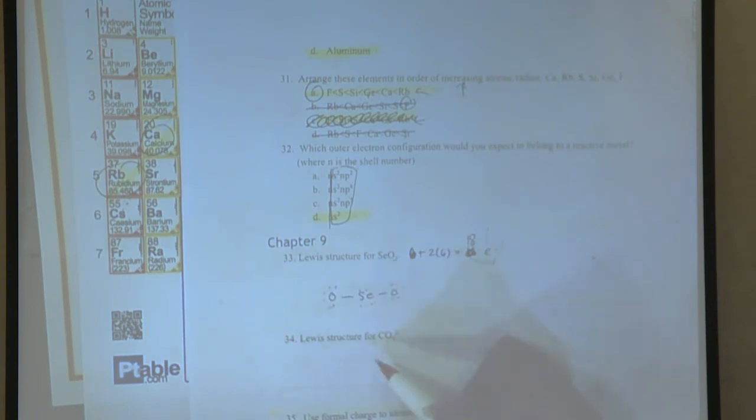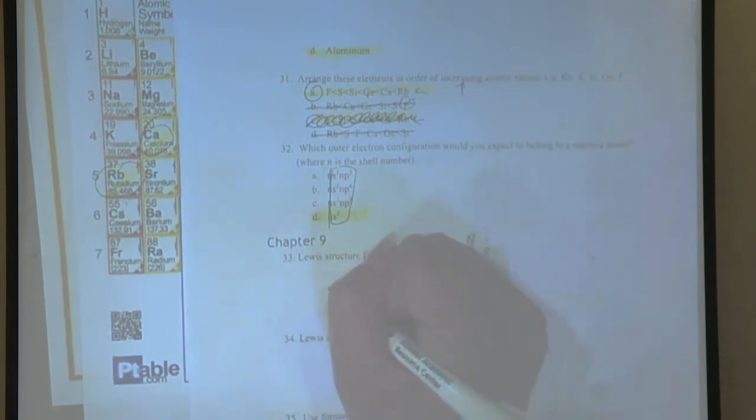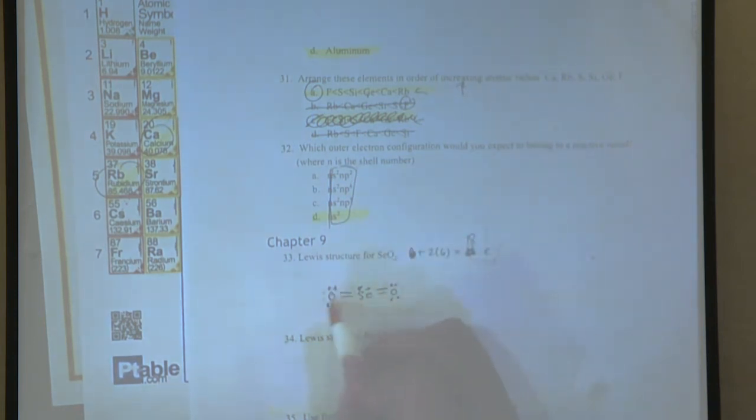So we're going to start with double bonds like this, right? So what this actually winds up looking like is that oxygen has 1, 2, 3, 4, 1, 2, 3, 4, which gives us 8, 10, 12, 14, 16, and then 18, right? But this actually isn't the Lewis structure for selenium.